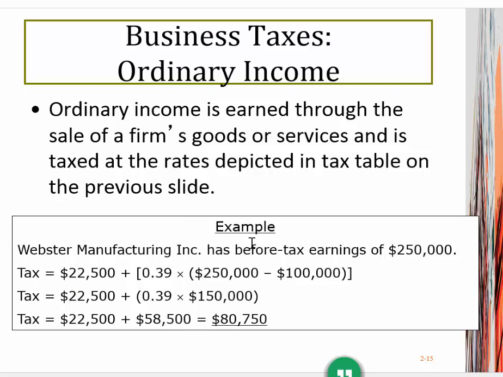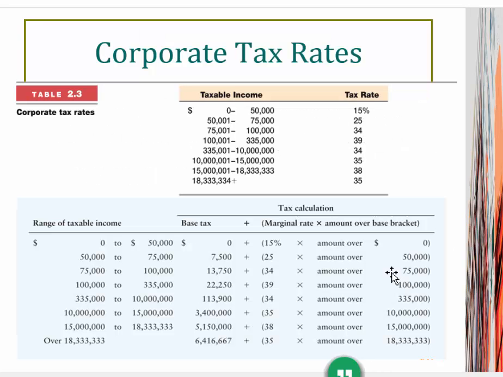So let's look at an example here. Here's the company. They have before tax earnings of $250,000. So how do we calculate that tax? Well, let's go back up here to the table. 250,000 is in this row. So it's 22,250.